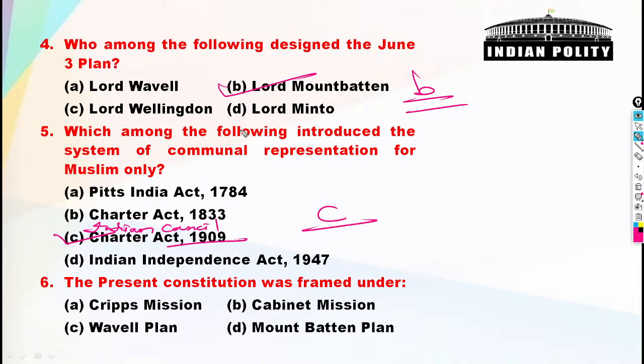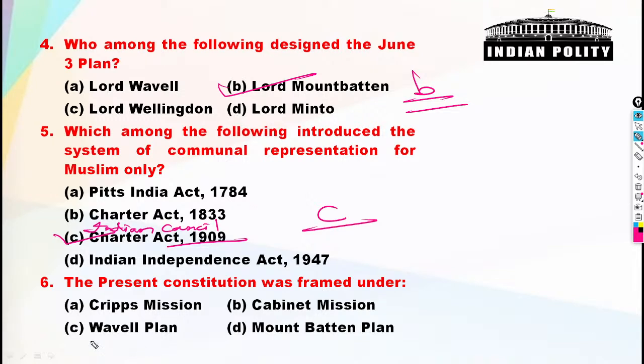Now, the present constitution was framed under the Cripps Mission, Cabinet Mission, Wavell Plan, or Mountbatten Plan?